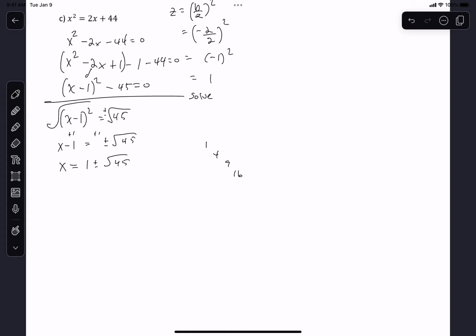I'm looking for, can I rewrite the root of 45 in an easier way, right? Because I don't want to write the root of 45. What I think we can do is write x is going to equal 1 plus or minus the square root of 9 times the square root of 5. Okay, and then I know the square root of 9 is 3, root 5. Okay, those are your roots for this particular question.